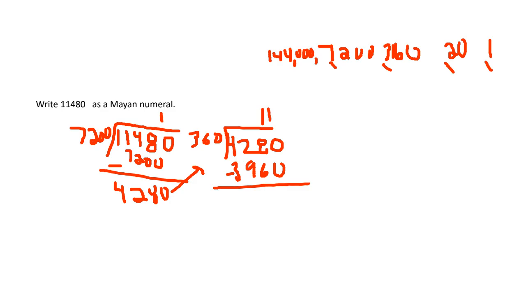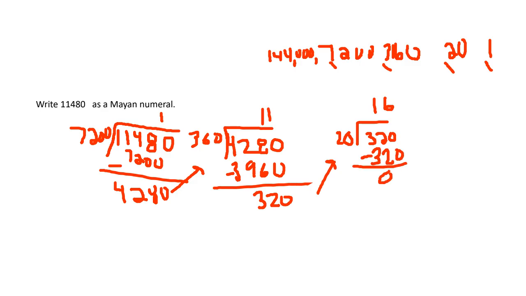So then we go to the last place value. And we get 16. And so then the last place value, don't forget, even though you get a remainder of 0, you have to keep going so you can use the last place value.